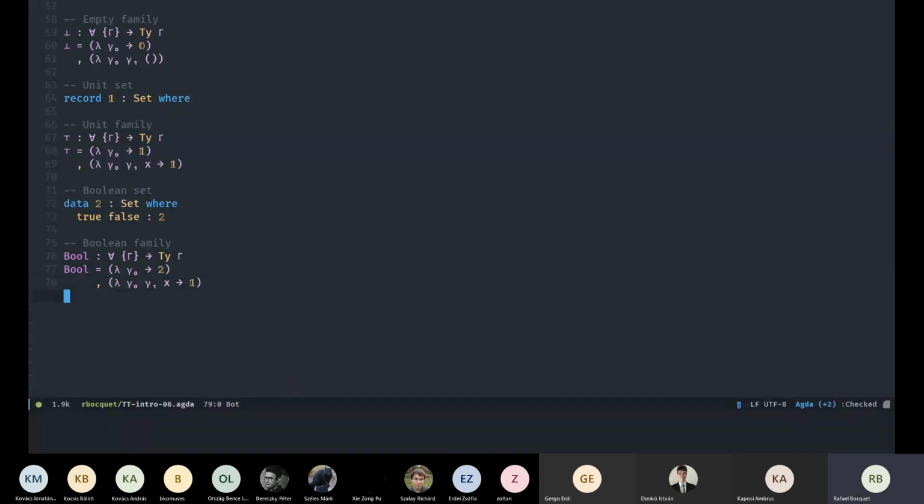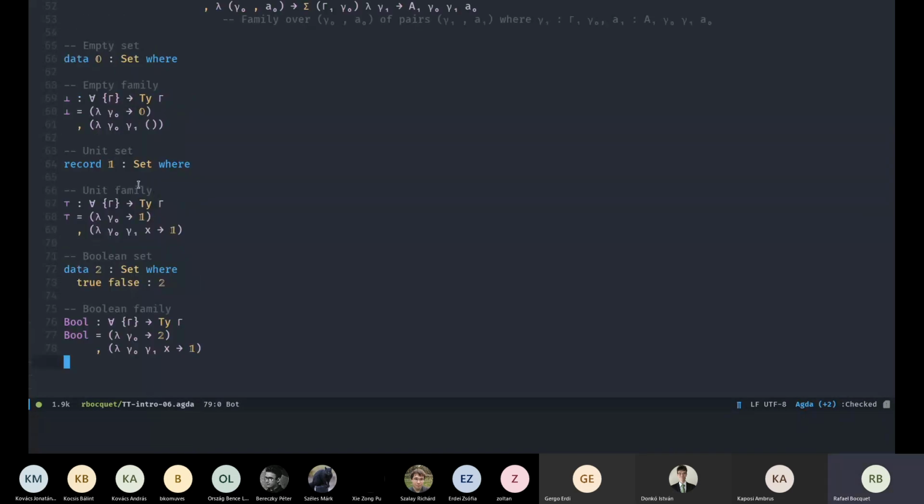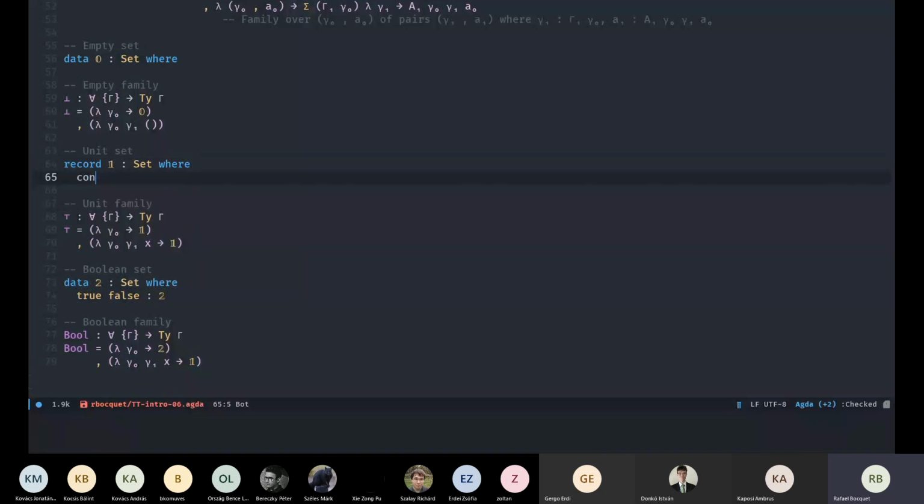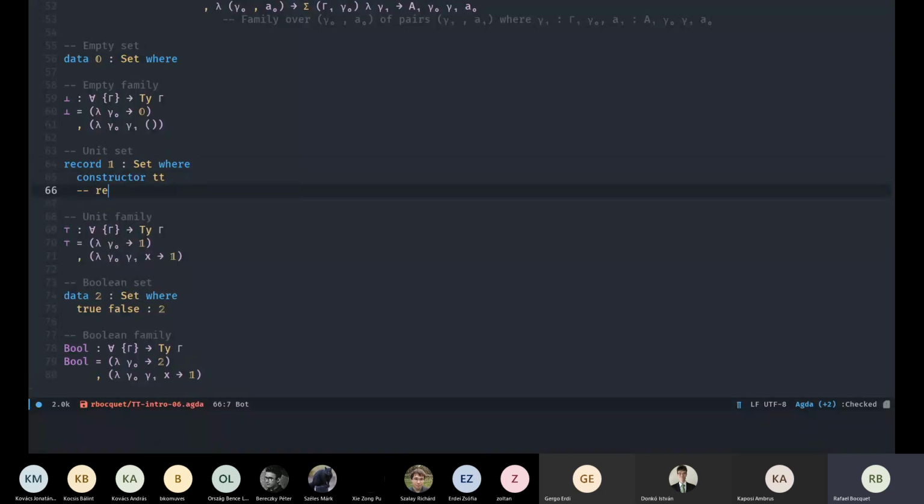But also, doesn't the unit record need a constructor? You don't need to specify one, but we can give it a name. If we don't specify a constructor, then the only way to define it is to write an empty record.